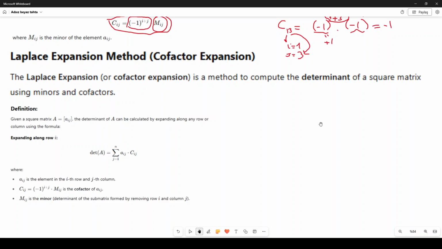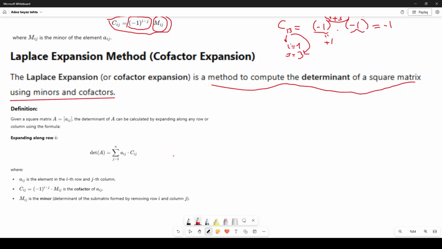Okay, and here's how the Laplace expansion method works. The Laplace expansion method is another method to compute the determinant of a square matrix, but this time using minors and cofactors. We have just learned how to find the minors and cofactors of any given square matrix. And then after finding them, the rest would be just to apply the cofactor method to find the determinant.